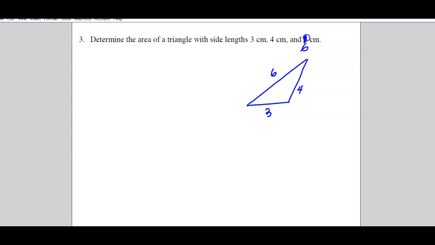How can we get an angle if we know 3 sides? Cosine law, exactly. So use the cosine law to find one of the angles. It doesn't matter which one. Okay, who remembers the cosine law? Okay, doesn't matter what letters you use, but there's a Pythagorean theorem as part of it.